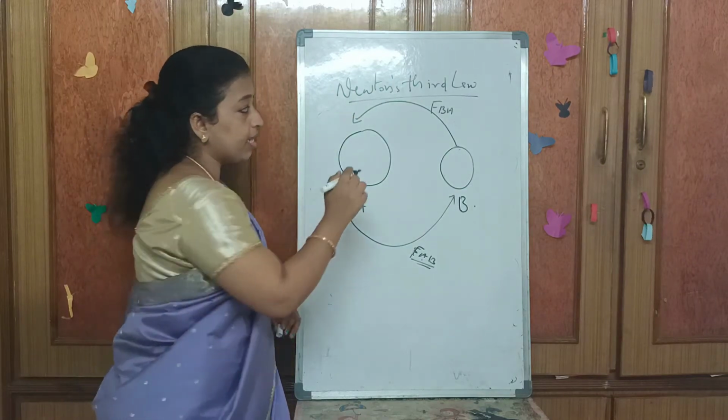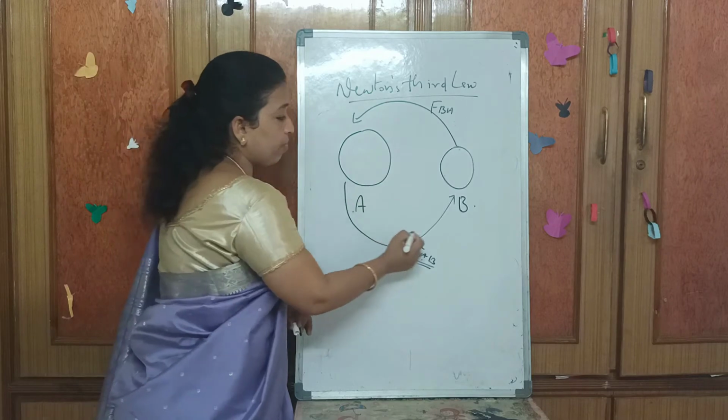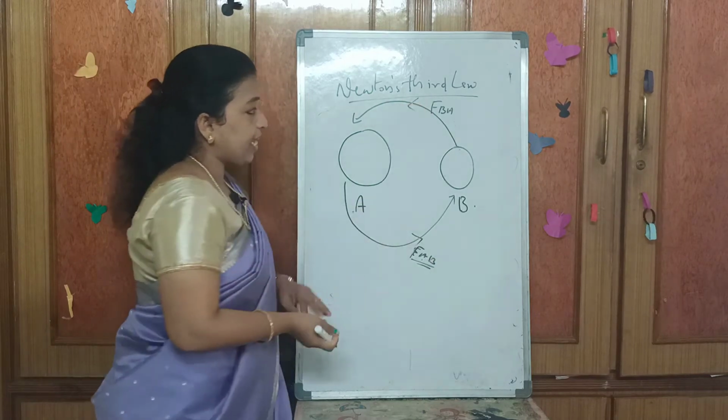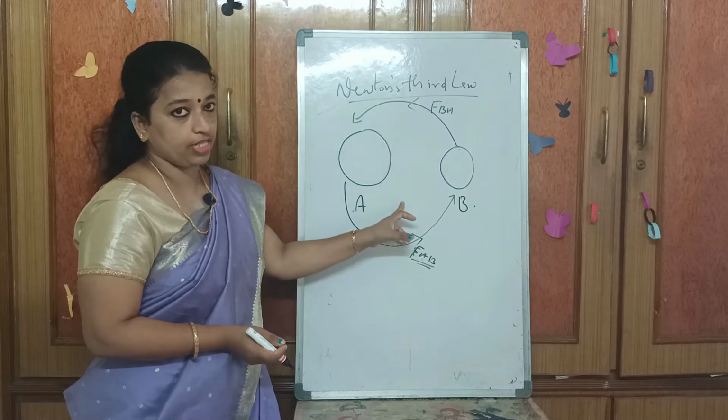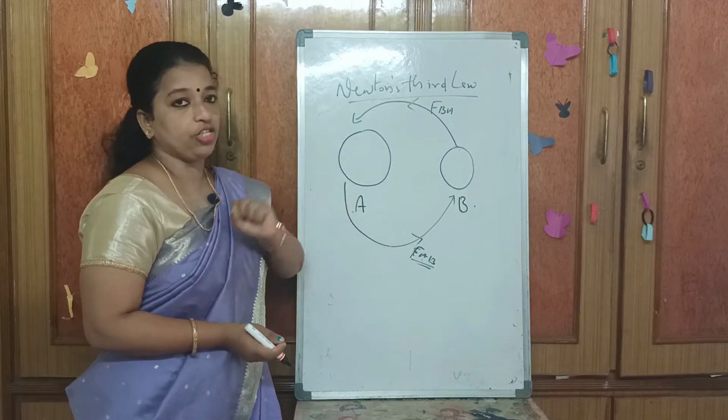But you can see here, even though equal magnitude, what about the direction? The direction of the force is opposite, right? The direction of the force is opposite, but it is in equal magnitude.